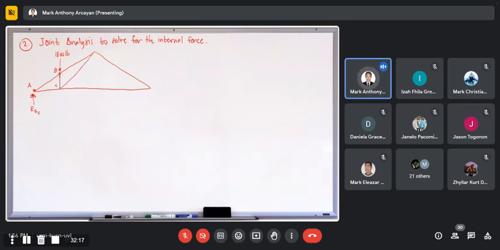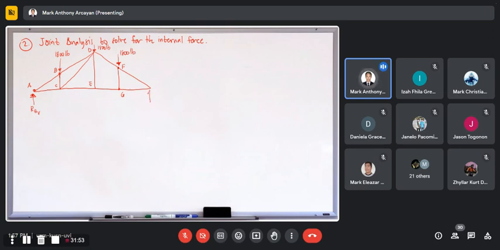Then here is another vertical member. This is D. This is E. Then the external force at D is 1,800 pounds. Then here is F and G, and the external force here is 1,800 pounds.